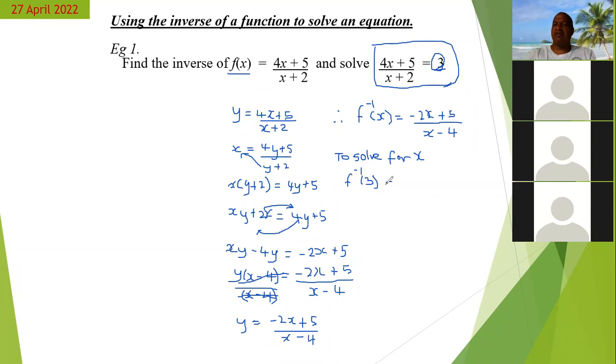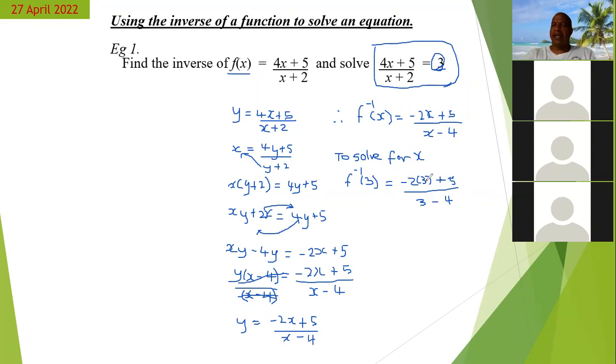So f inverse of 3: wherever the x is on the right-hand side in the inverse function, we're going to replace it with 3. So we'll have minus 2 times 3 plus 5, all over 3 minus 4.